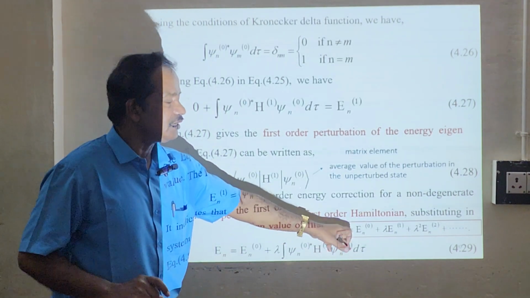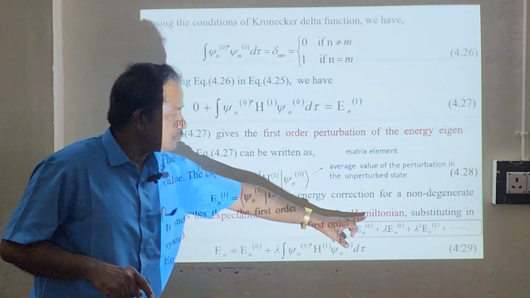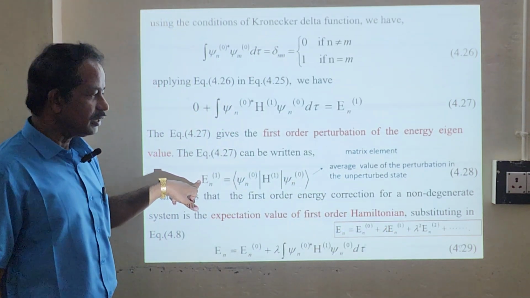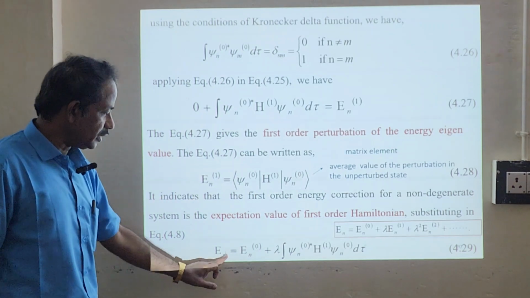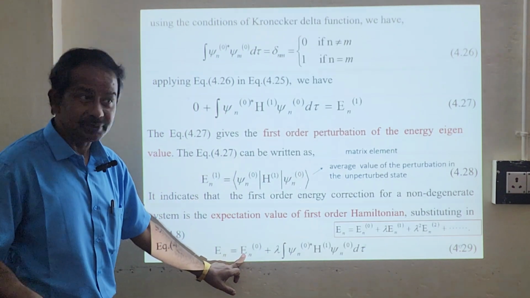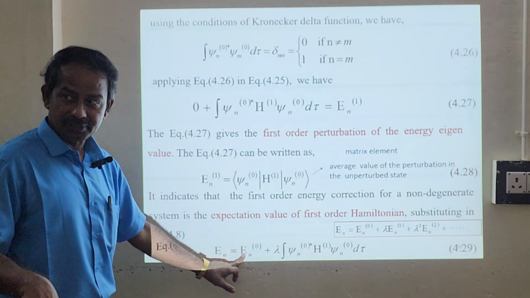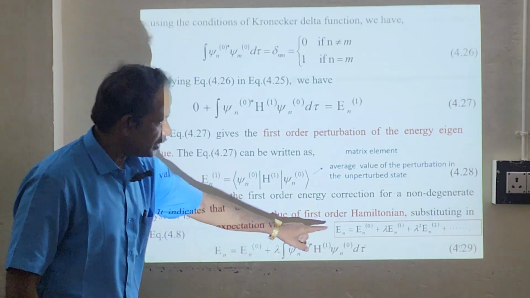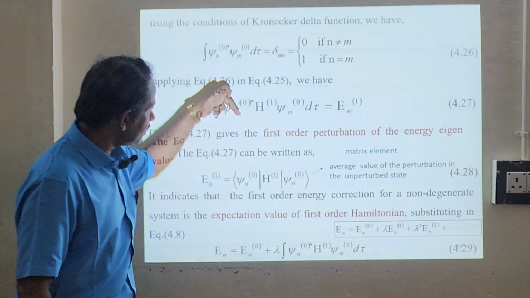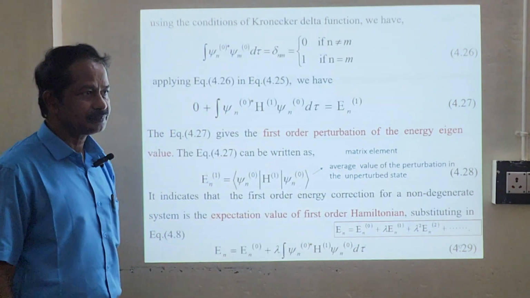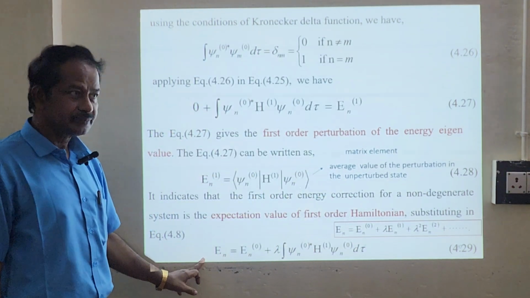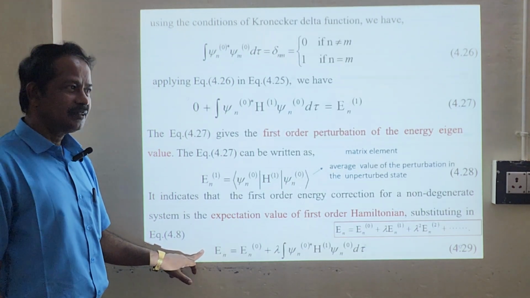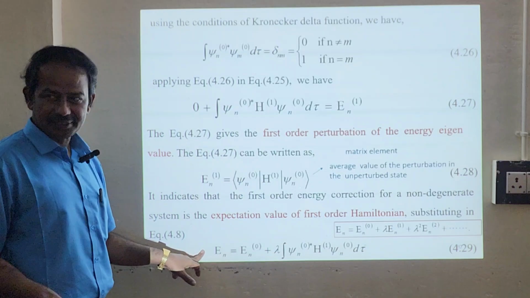So En equals En0 plus lambda En1, which we have calculated now. You substitute for En1. So En equals En0, the unperturbed energy for the unperturbed Hamiltonian, plus lambda times this term. Is it okay? So we have calculated now the energy eigenvalue for the perturbed Hamiltonian.